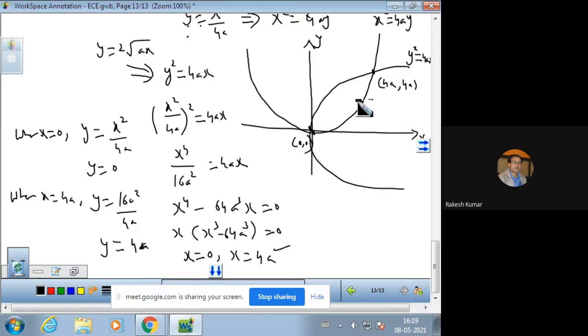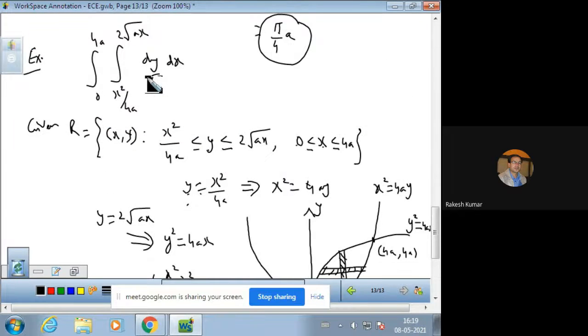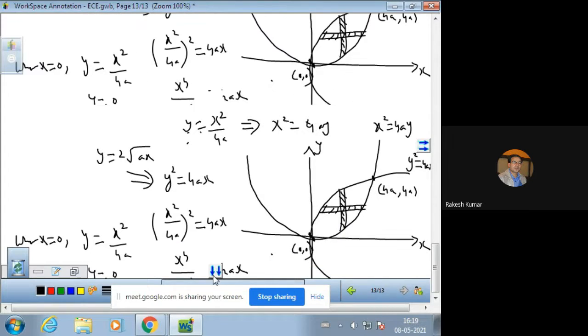Now this is the area over which we have to evaluate the total integral. For the limits of x we need a horizontal stripe, and for the limits of y we need a vertical stripe. And as we know we have to change the order. In the given integral, y is integrated first, so in the new region of integration, x should come first.